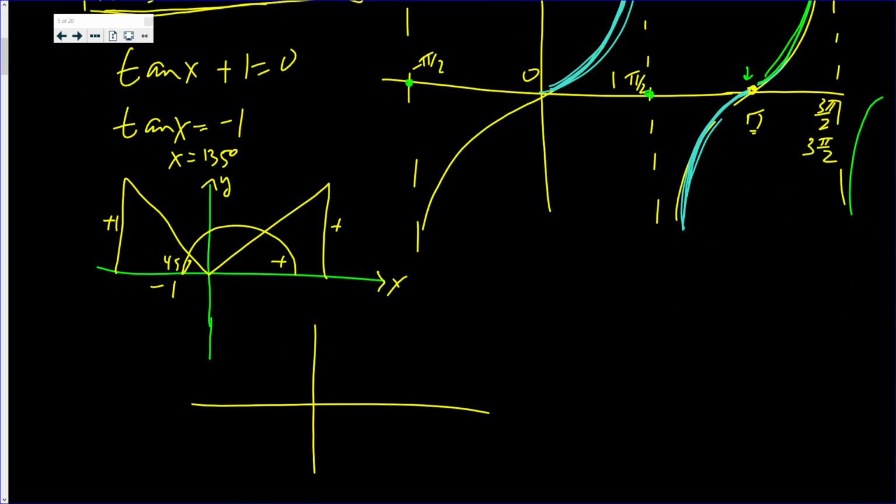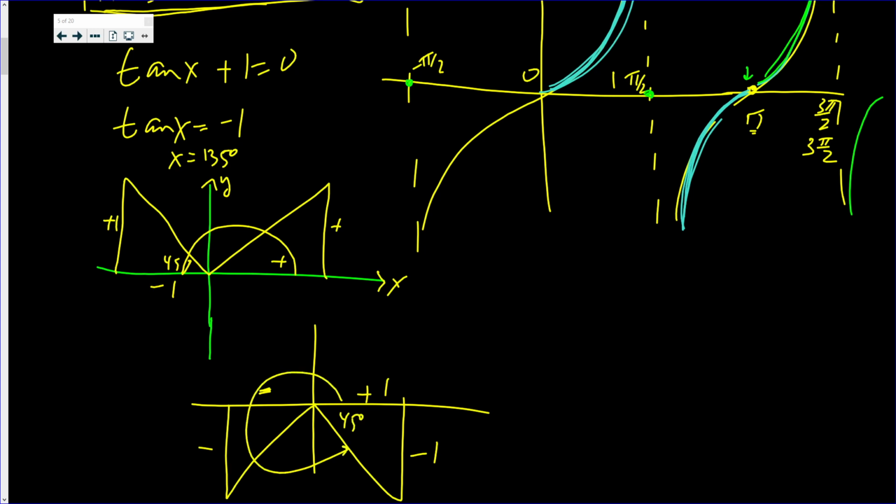Now, if you went into quadrant 3, adjacent is negative and opposite is negative, and when you divide the two, you'll get positive. But in quadrant 4, you have positive and negative. This is also 45 degrees.